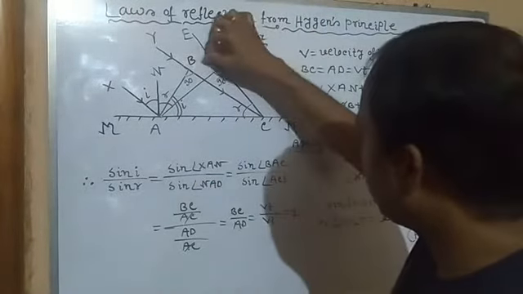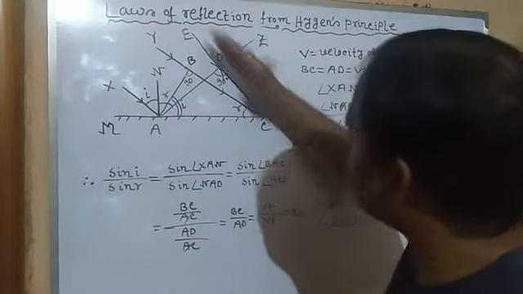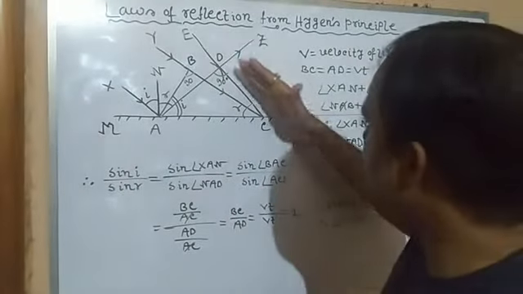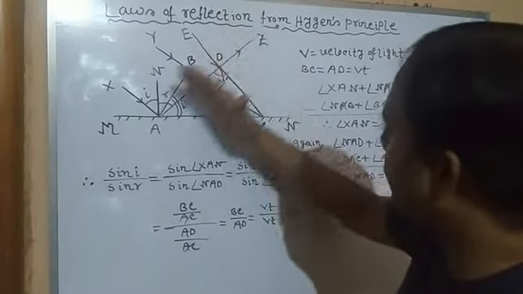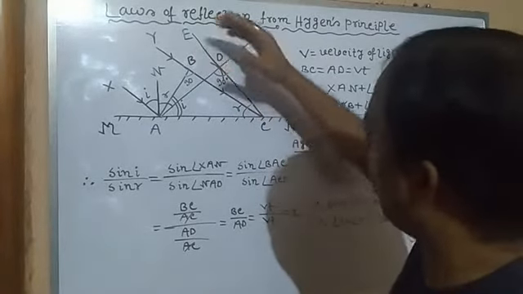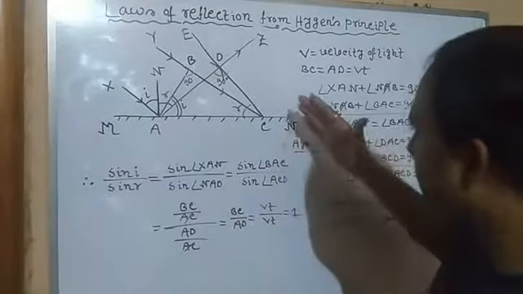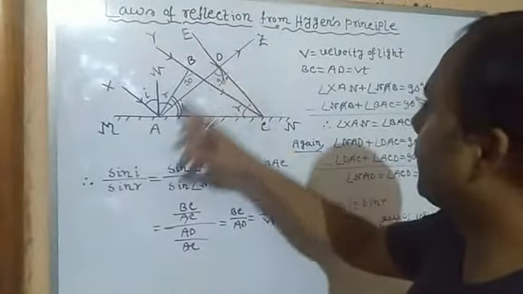Now if we draw a tangent, a line CE, it will represent the reflected wavefront. Why? Since it is drawn perpendicularly in the path of the reflected light. So this is the reflected wavefront. AB is the incident wavefront in the path of the incident light, and CE is the reflected wavefront in the path of the reflected light AD.